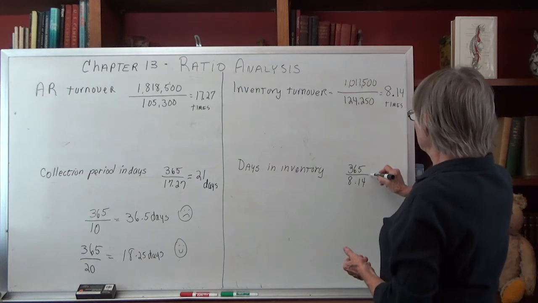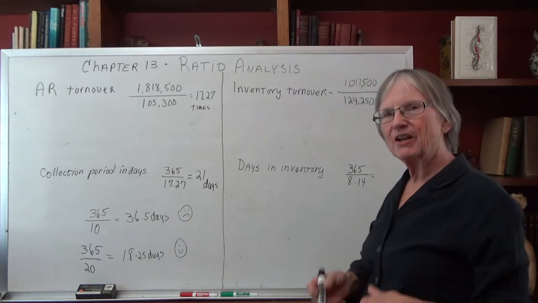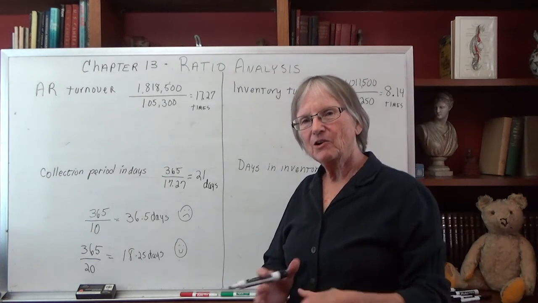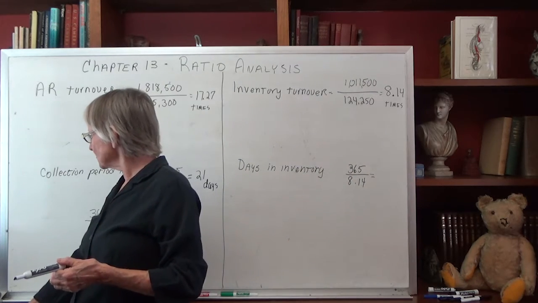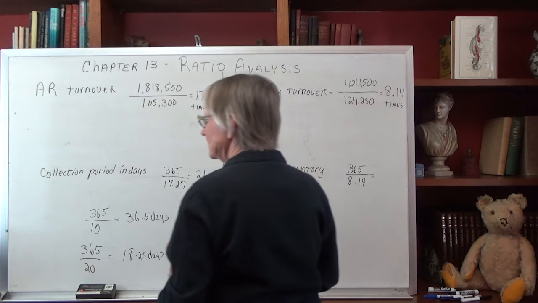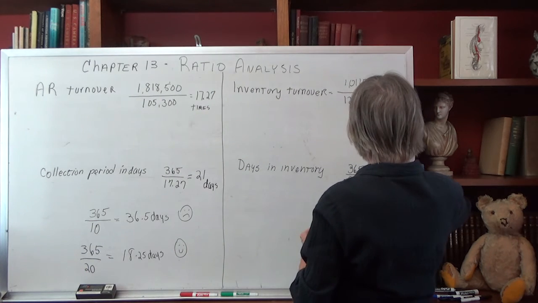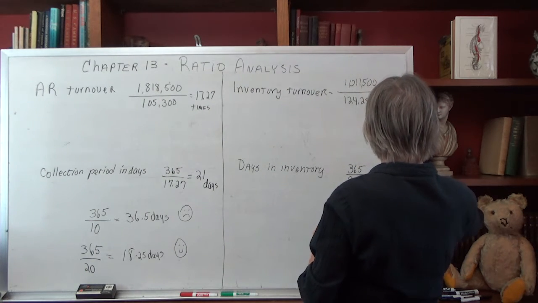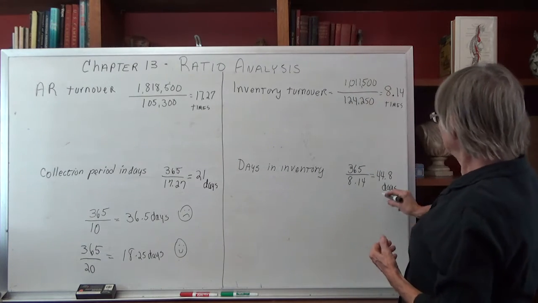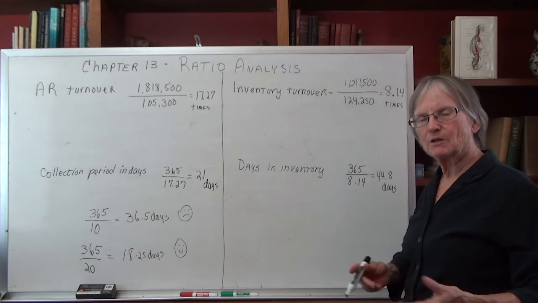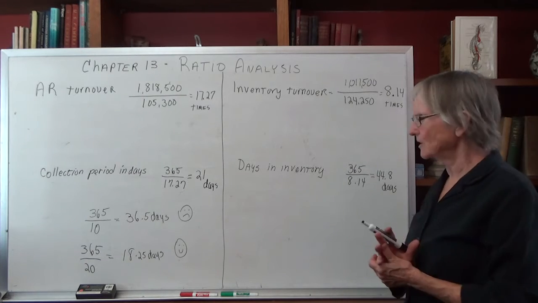Well, I don't know. So let's do days in inventory. On average, how long are we holding our goods in inventory? If you go 365 divided by 8.14, I think you get about 44.8 days. So on average, we're holding stuff in inventory about 44 days before we sell it.